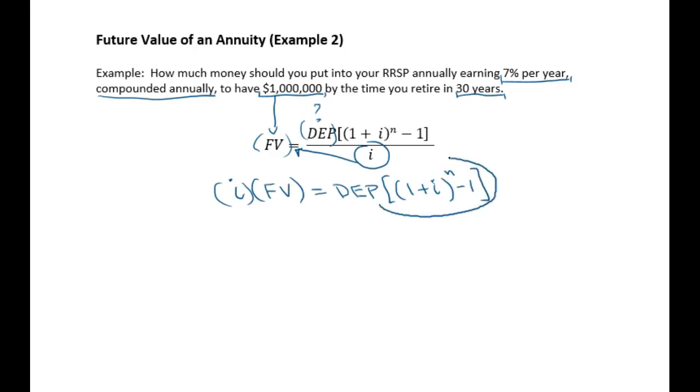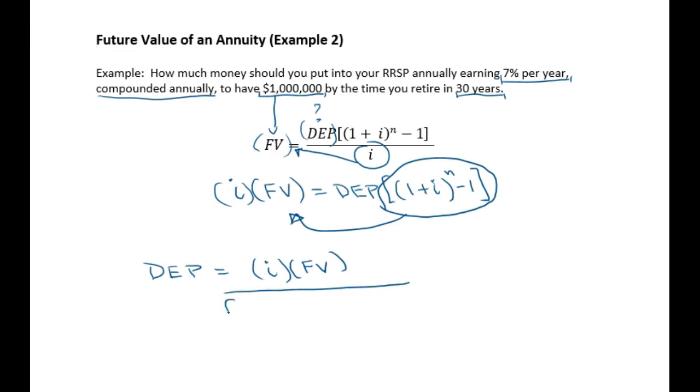And I'm going to take this whole bracket and bring it over as a division. So my manipulated formula is that my deposit is I times future value divided by that bracket, which is (1 plus I)^n minus 1.